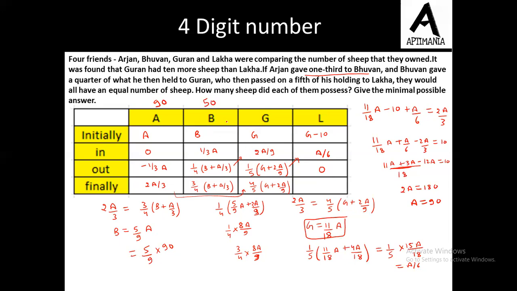Fine. Now G was 11 by 18 of A. So substituting the value of A as 90, we'll get 11 by 18 of 90, that is 55. So the initial value of sheaves with G was 55 and L simply had 10 less sheep than G. So here it is 45.